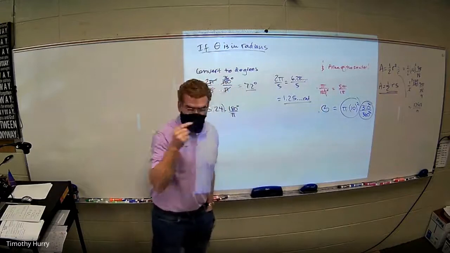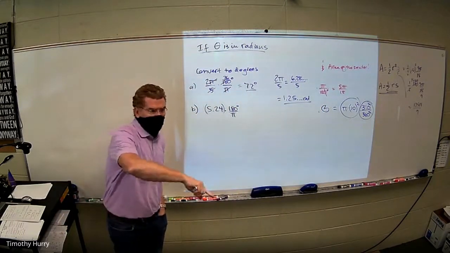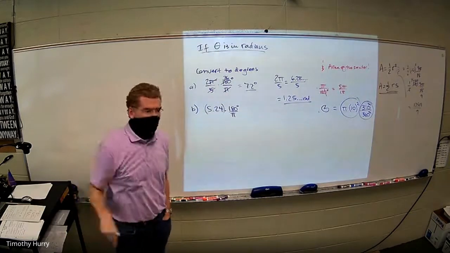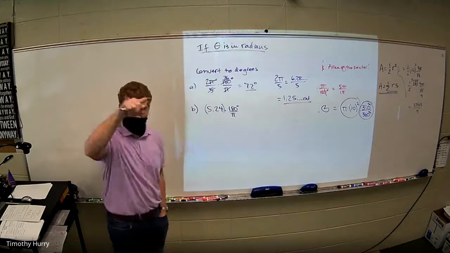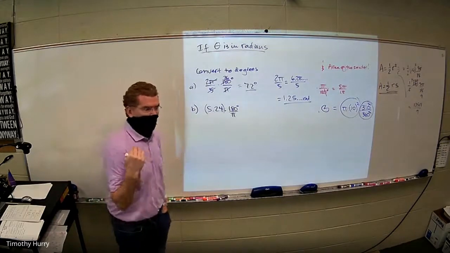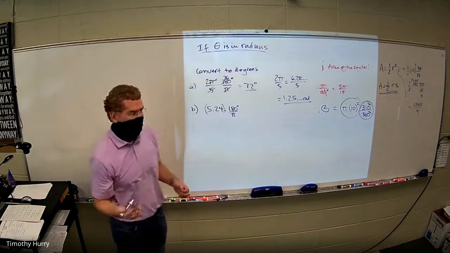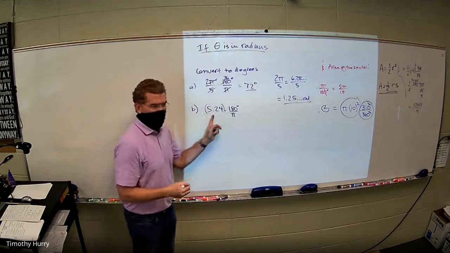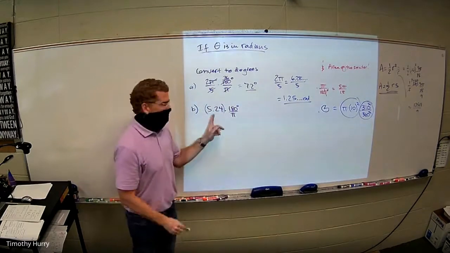Not all radians have a pi in them, because remember, a radian is part of a circle, just like 360. It's just a weird reflection in that it's a decimal. 2 pi all the way around is a decimal that never terminates and never repeats. We write it with a pi to be nice sometimes, but sometimes that radian measure is going to be a decimal. Now, when you see that, don't freak out.